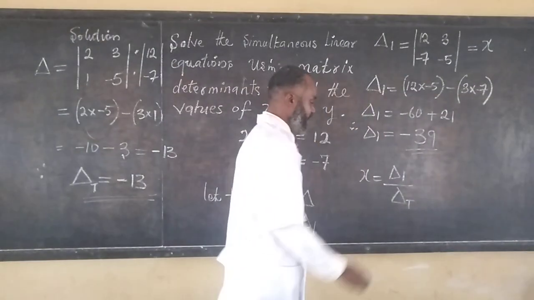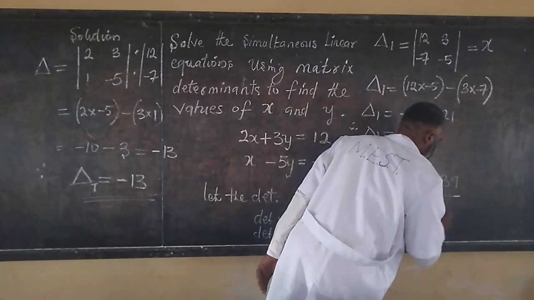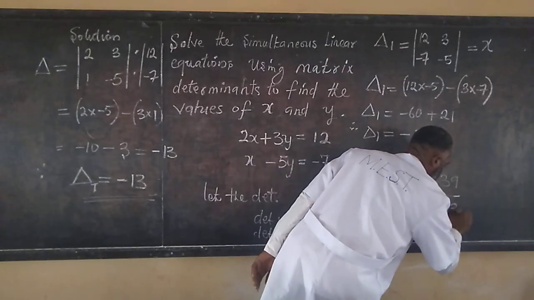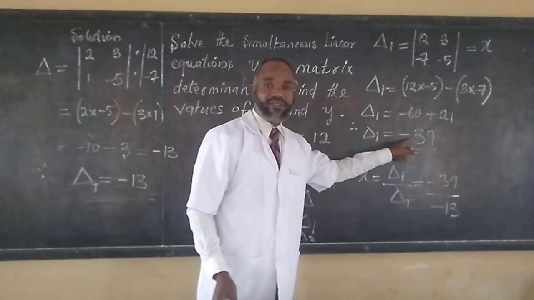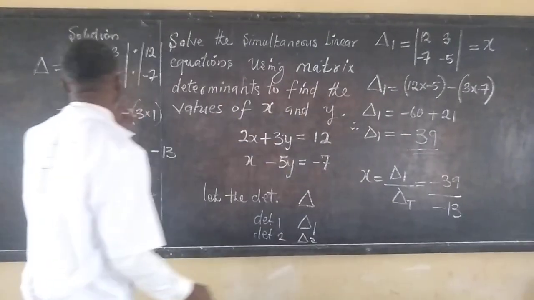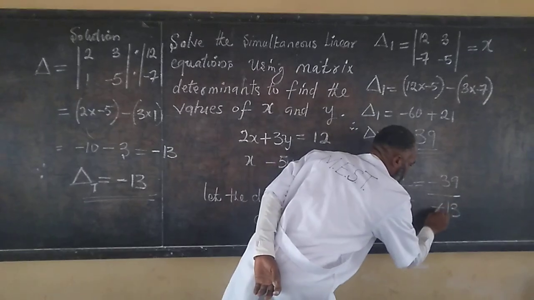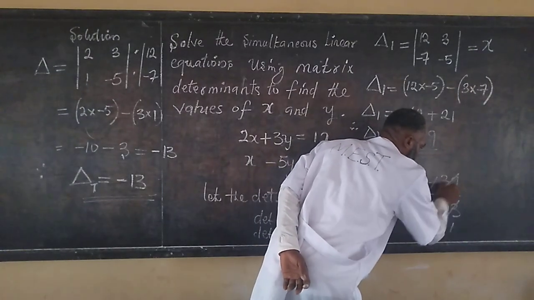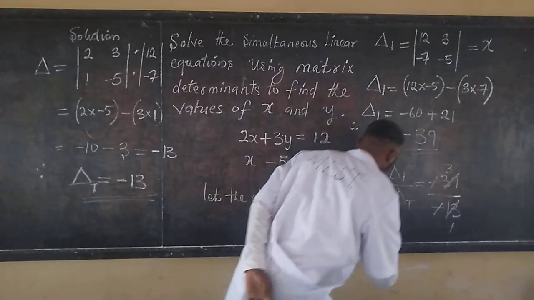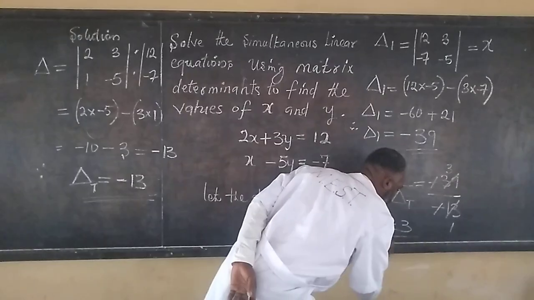Determinant 1 is minus 39, and the total determinant is minus 13. So let's cancel wisely. Minus cancels minus. 13 divided into 39 gives 3. Therefore, the value of x is equal to 3.